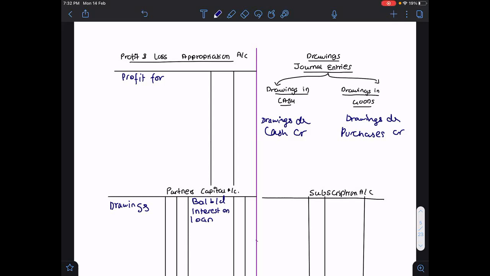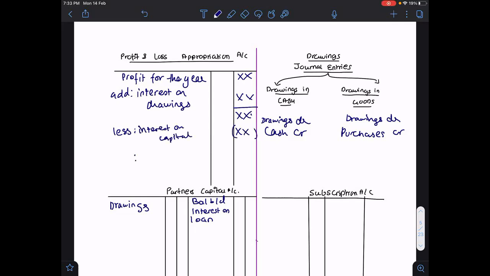Now start with appropriation and simultaneous effect with partners capital. Profit for the year, add interest on drawings, less interest on capital and less salary to XY जो भी partner है, will give you the residual profit or residual loss.